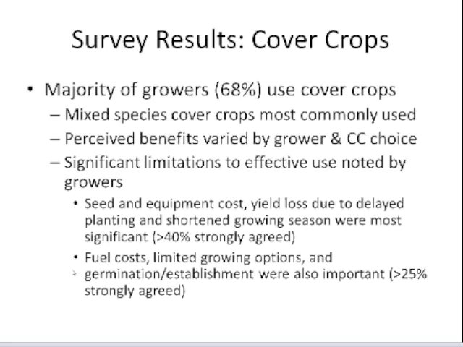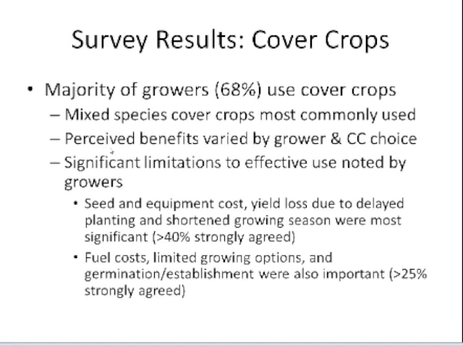With regards to cover crops, the large majority of growers reported that they used cover crops and that they were already using mixed species cover crops, though most of them were doing it on the premise that the addition of the legume into the cover crop would help build the nitrogen for their overall soil fertility.